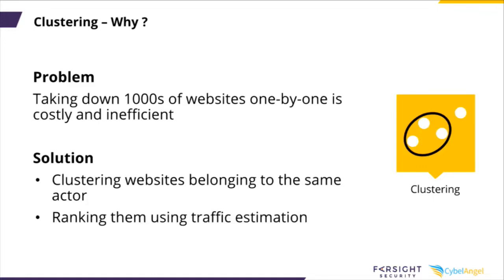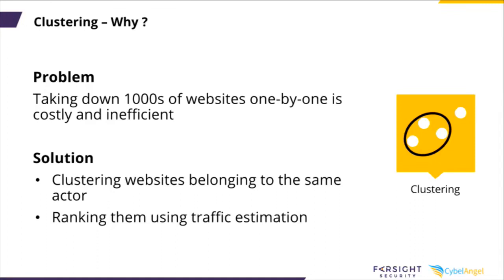It's very costly. Taking down a website requires a legal action, it costs a lot of time and money, and it's very inefficient because counterfeiters, bad guys basically, are very well organized. They have thousands of websites waiting in line, and as soon as you take one of them down, they put another one back online within an hour. So it's a lost battle.